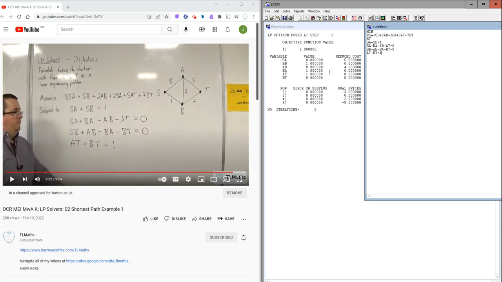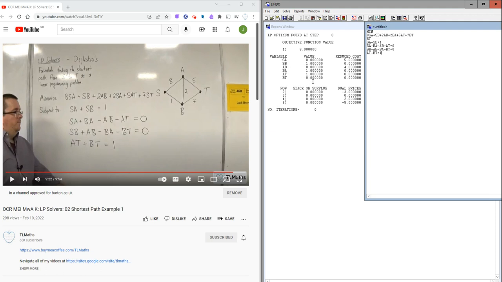What I really want to focus on is this bit here. What it's found is that the objective function value is 8. So that means the minimum to the problem is 8. Below that, it describes all the variables that I've used in the objective function: SA, SB, AB, BA, AT, and BT. Remember, these are indicator variables.